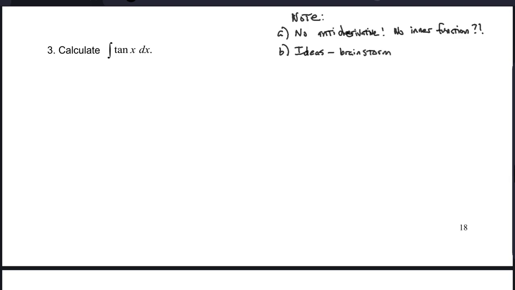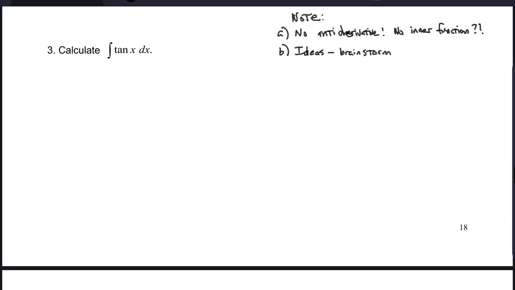Last one. Now, we're looking at an example here. Tangent. There is no antiderivative for tangent. So I'm making a couple of observations here. All right, I just wrote a couple notes here. What's going on? First thing we notice, there's no antiderivative, no inner function. So now let's brainstorm a little bit.